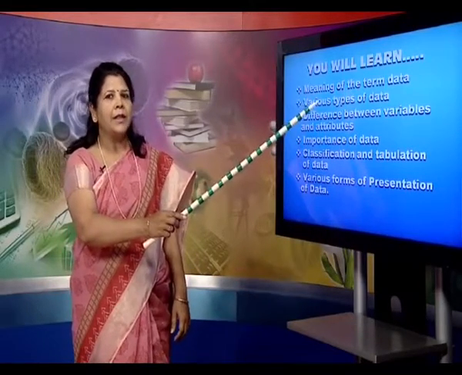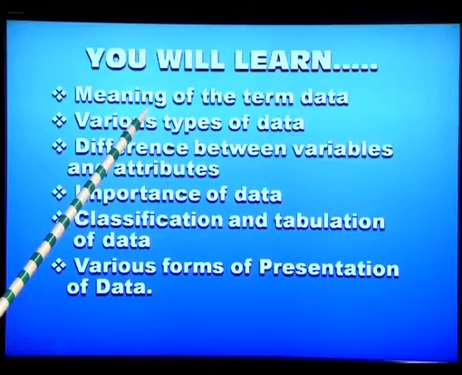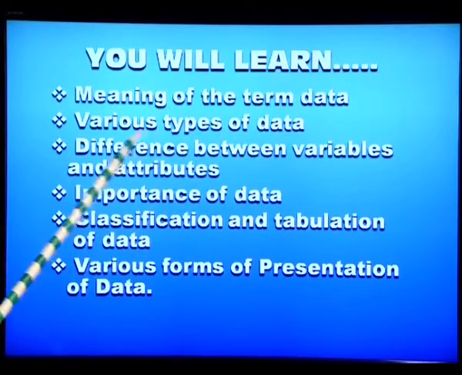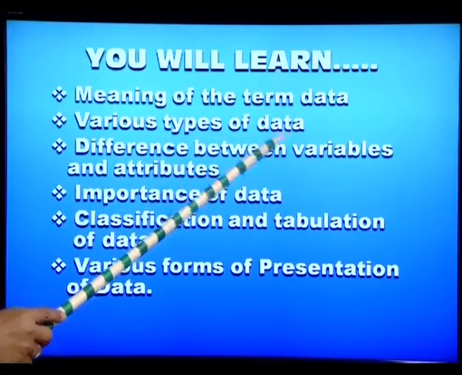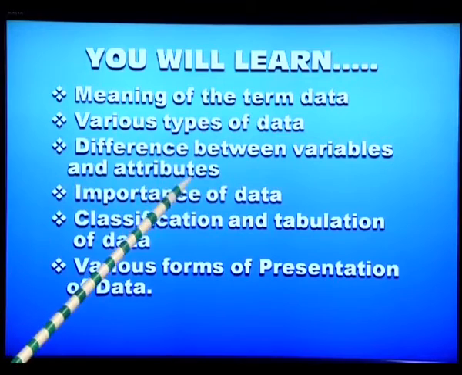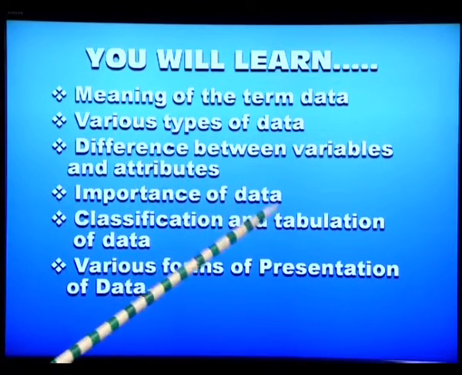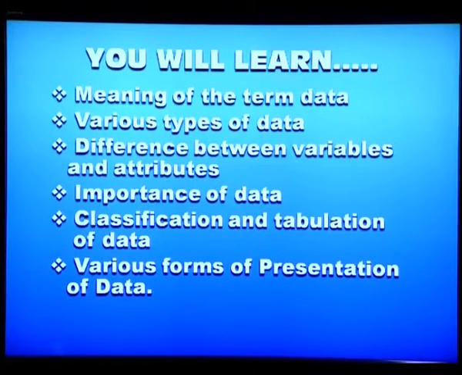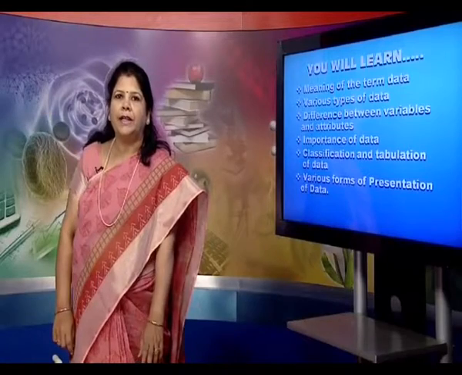First and foremost, in today's session we will be studying about the meaning of the term data, various types of data, difference between variables and attributes, importance of data, classification and tabulation of data, and various forms of presentation of data.